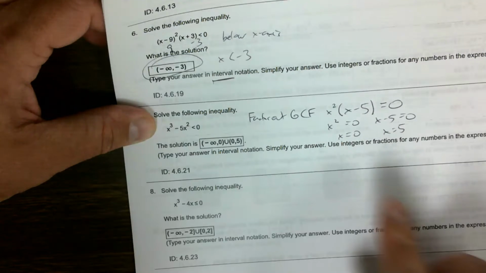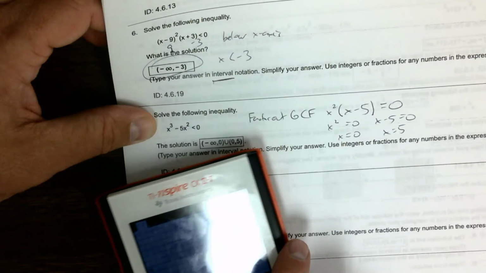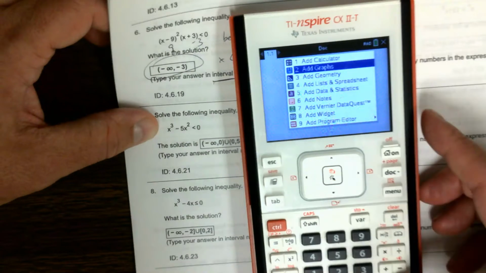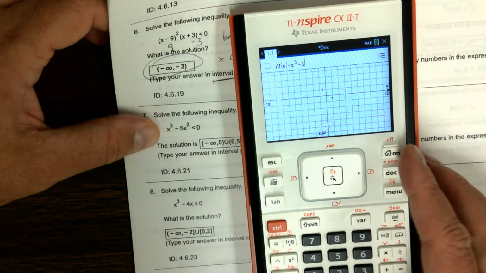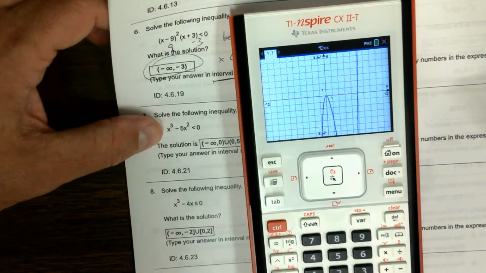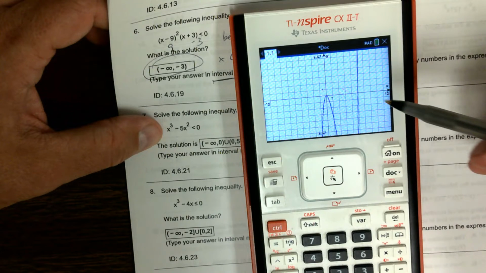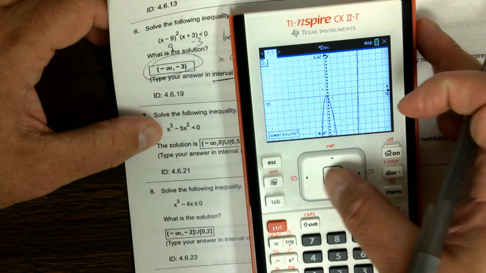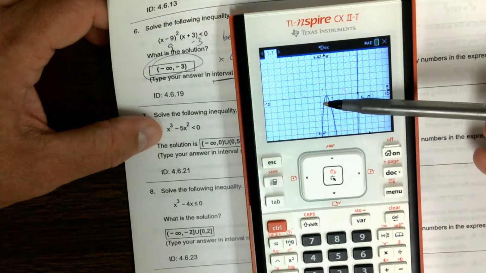Now, if we want below, then we just do our x cubed minus 5x squared. Don't bother graphing the less than 0, just use your mind. And so there's 0, there's 5. Again, if you don't know that's 5, go to your analyze zero of the graph and get it this way. And if we want less, then it happens on this end.